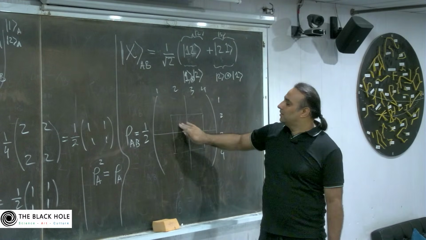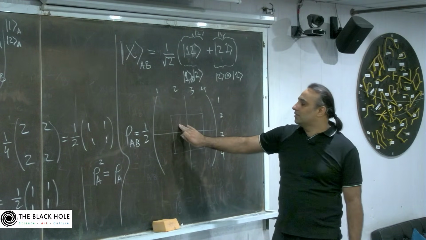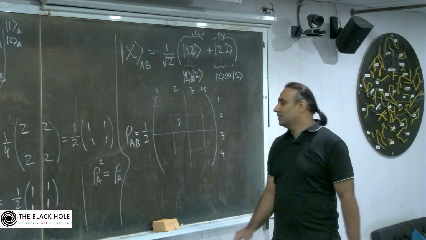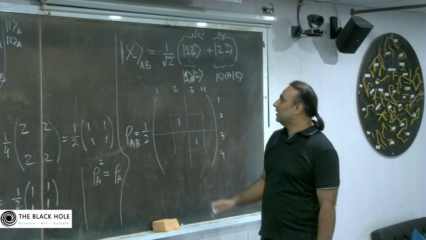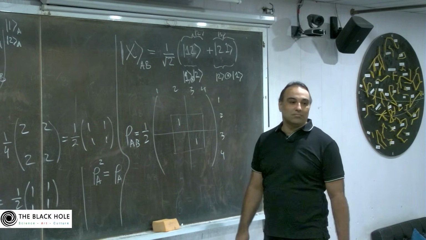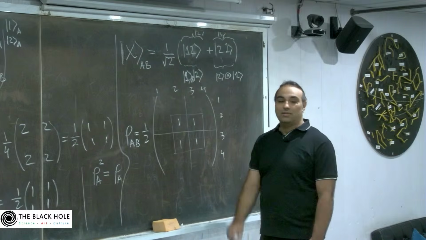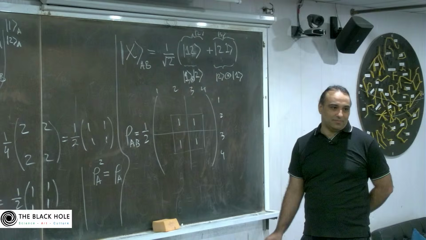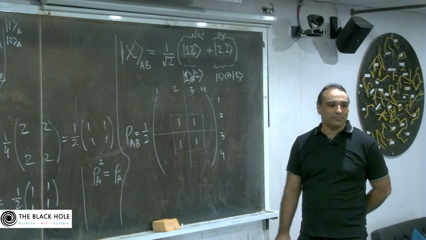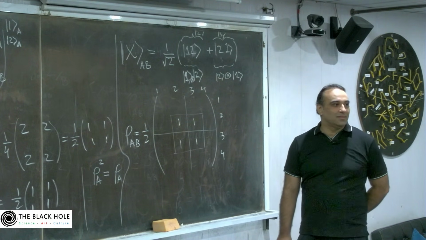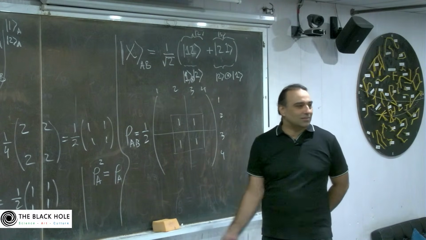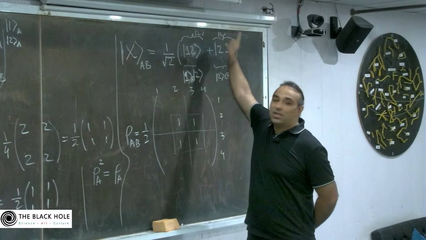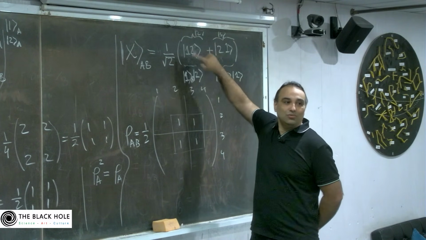So this number gives us a number here, with 1 by 2. Okay, so this is 1, this is 1, so it will be 1. Similarly, this will be 1 from here, and this will also be 1. Everything else is 0 in this case. So we have 4 states, 1 1, 1 2, 2 1, 2 2.